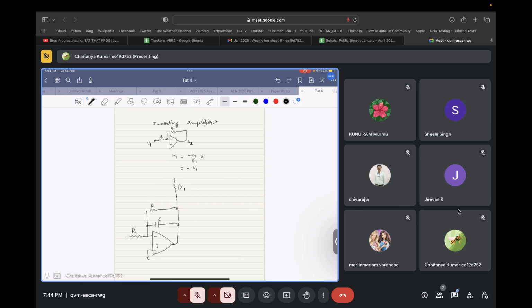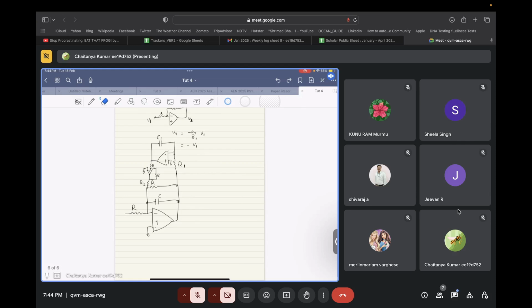Through R1, going through this capacitor C1, passing it through the inverting amplifier, and then pushing it inside through R2. Okay.